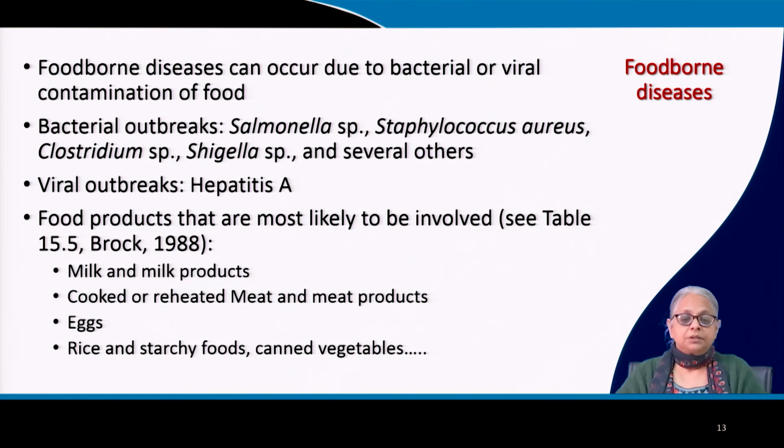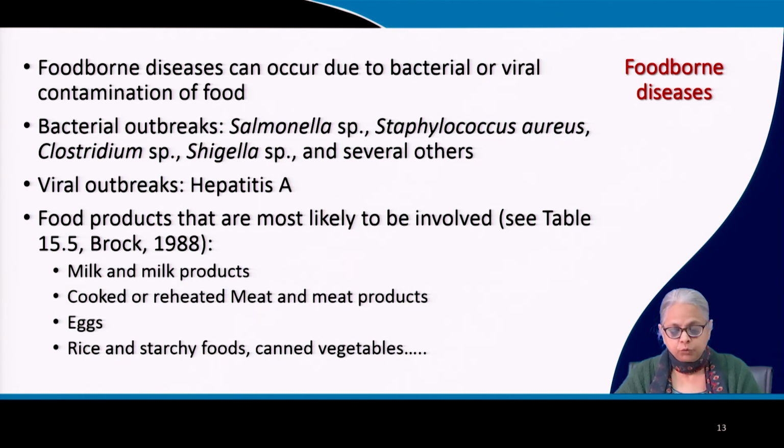Foodborne diseases can occur, like I said, due to bacterial or viral contamination of food. We have bacterial outbreaks, and I've already mentioned most of the species. And what are the food products that are likely to be contaminated?